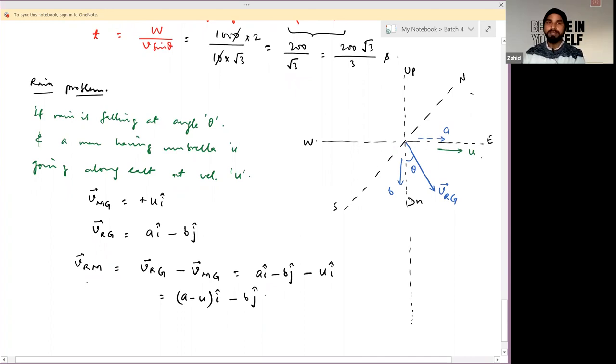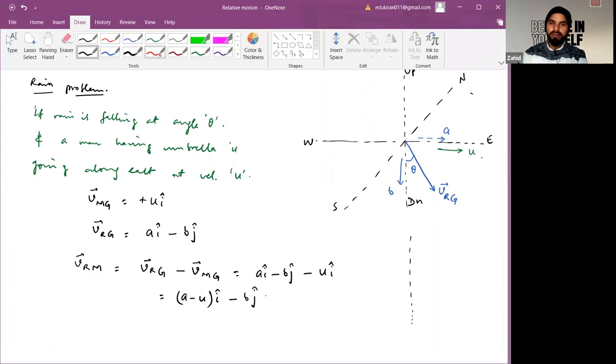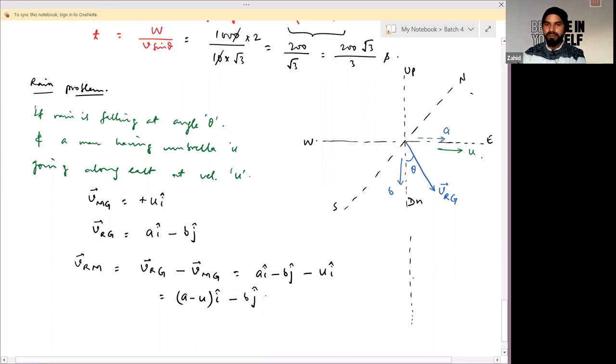It means this relative term having two components of velocity, one is along x-axis and the other is along y-axis. It means the resultant of these two terms would be along this direction. Velocity of rain with respect to man, which may be inclined at some angle phi and will have component along x-axis as a minus u, and along y-axis as b.